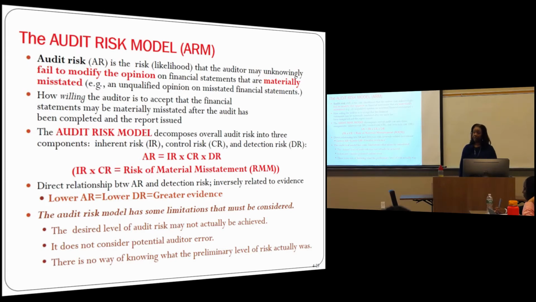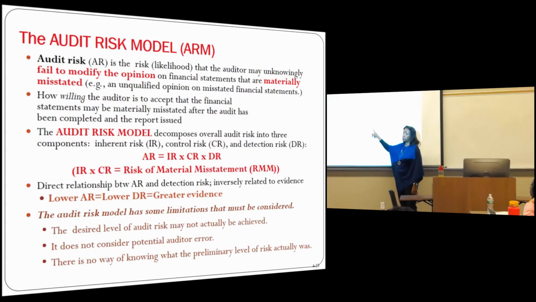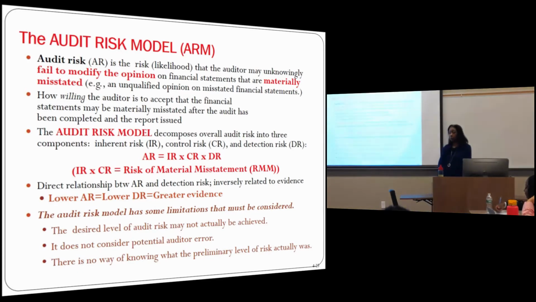It's very judgmental, because there's no formula that tells you how to calculate inherent risk, nor a formula for how to calculate control risk. It's all based on how auditors view the risk factors, and whether they're able to identify all of the relevant risk factors that would impact the risk of material misstatement.